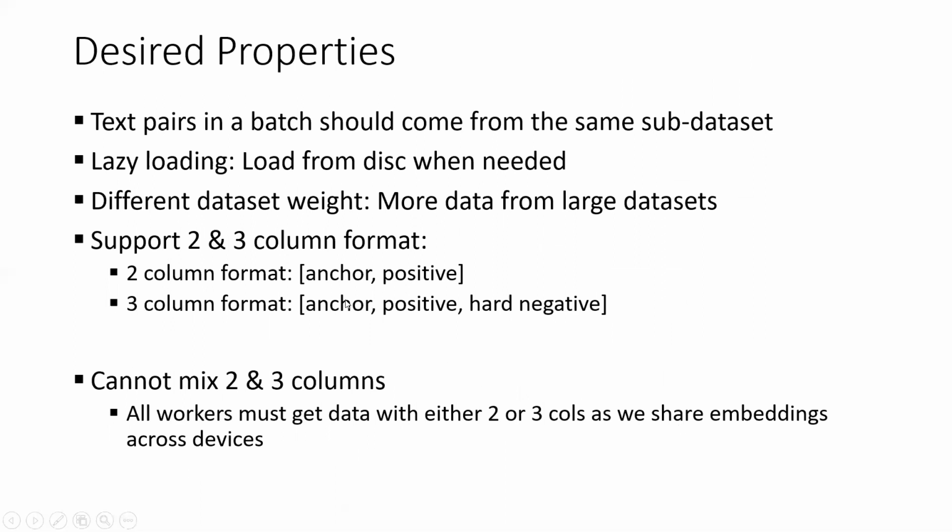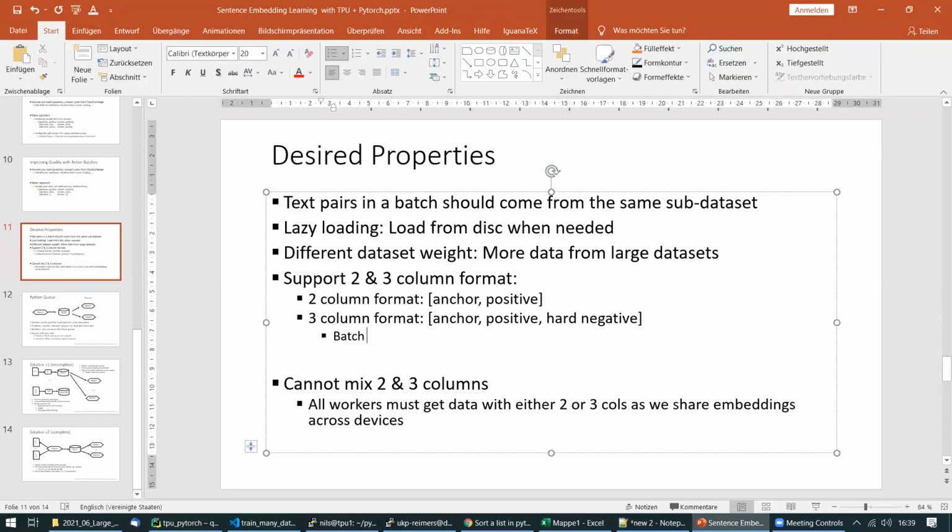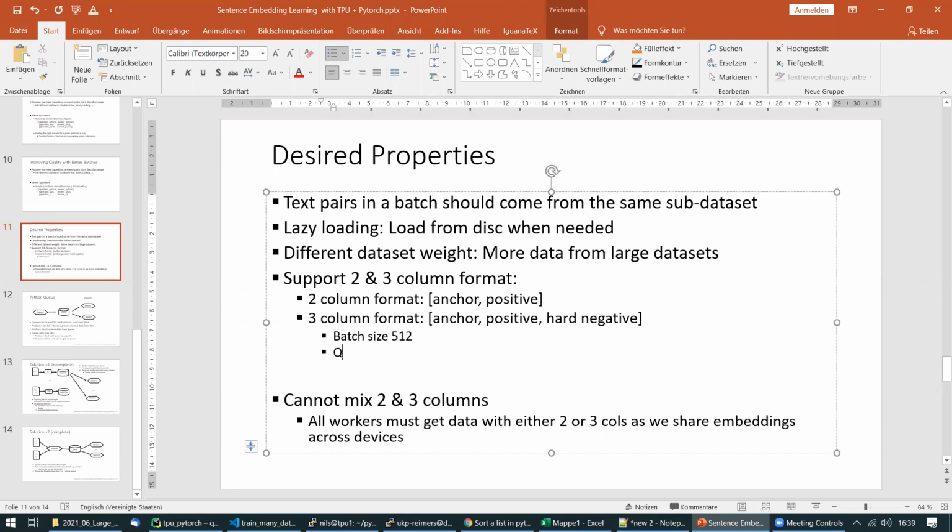So when you train with triples, you have the one anchor, which will match with one of the positives. So 1 out of 512 positives. And then there are 512 additional negatives, which you will distinguish to. So when, let's say, batch size is 512, then you have a question, find the answer to a question out of 512 positives plus 512 negatives.